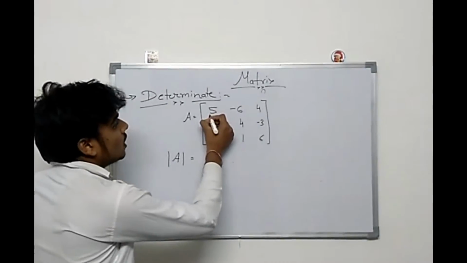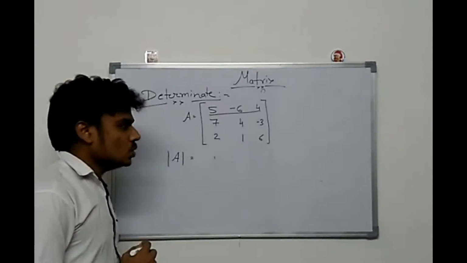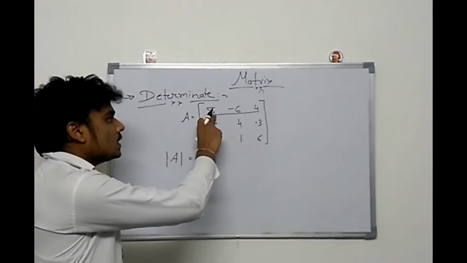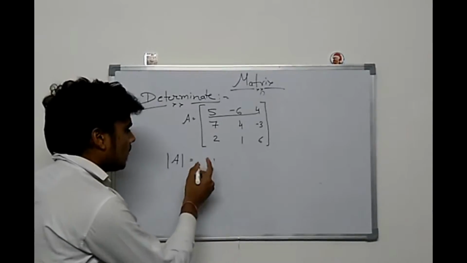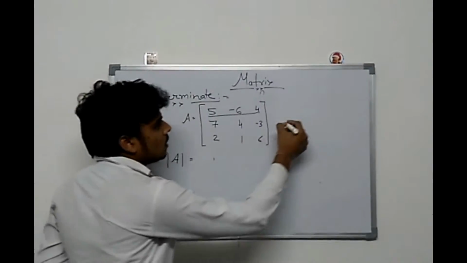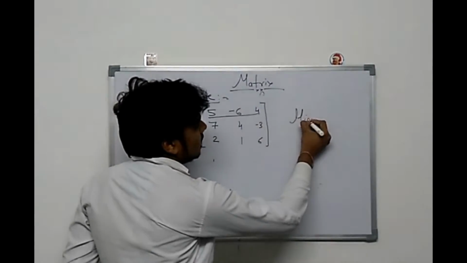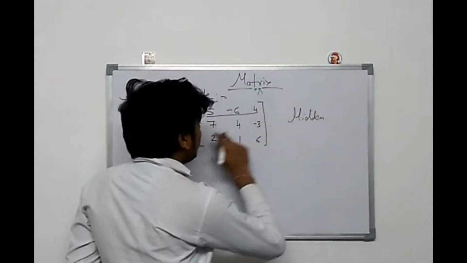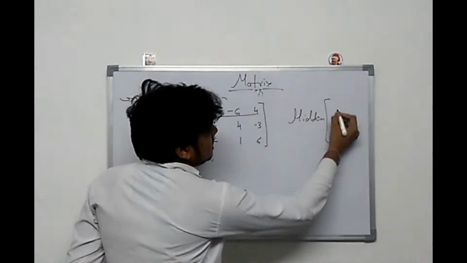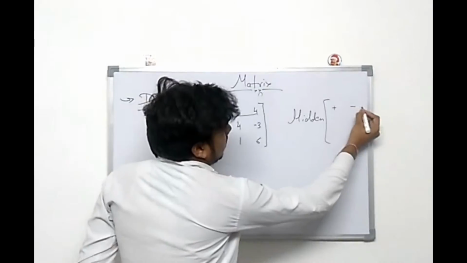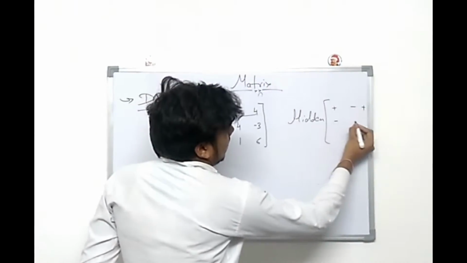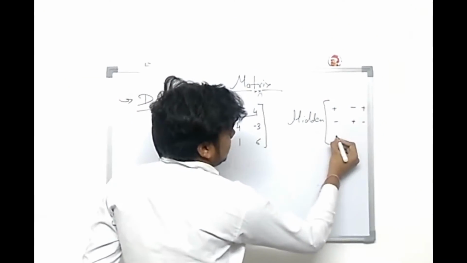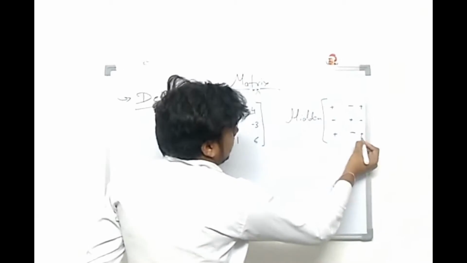How can we find it? We use this row, and the first element in this row is 5. The sign pattern used in this matrix is plus minus plus, minus plus minus, plus minus plus.